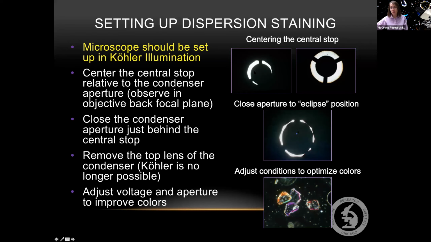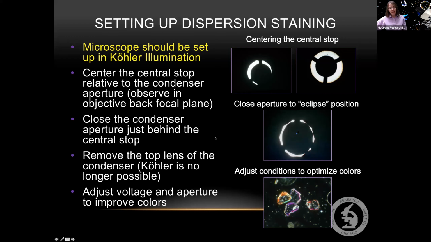What we would want to do is adjust the position of this central stop to be centered as well as possible within that condenser aperture. Once that's centered, the condenser aperture then needs to be closed just behind that central stop. So it's closed down quite a bit. It'll be closed down even further than what you see in this image here.